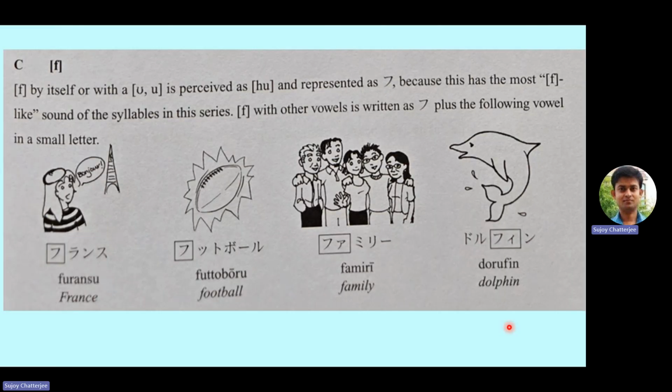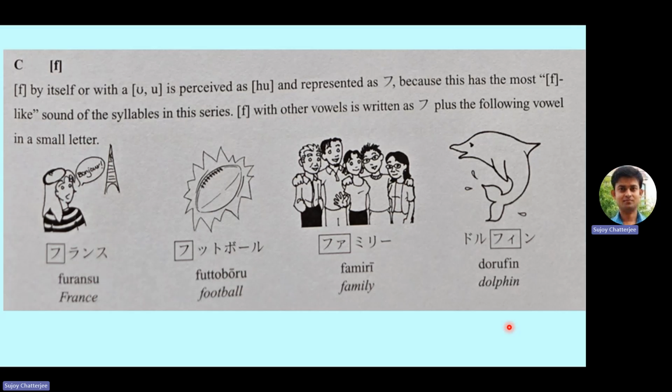Now we come out of the vowel section and look at some of the consonants and how they are treated in katakana. First is the F sound. F by itself or with u is perceived as hu and represented as fu, because this has the most F-like sound of the syllables in this series.